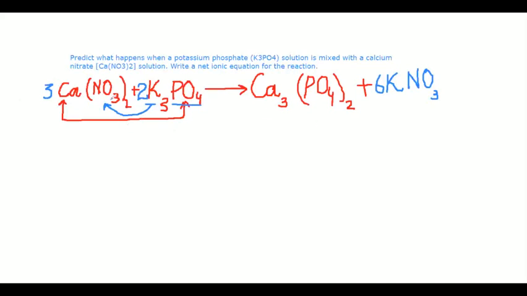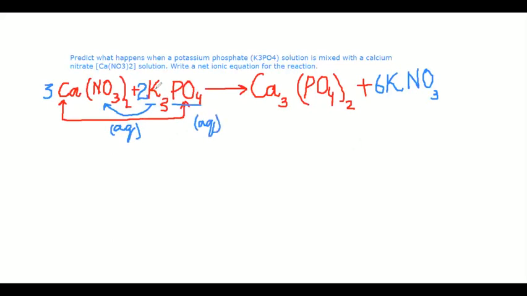Now you have to find which compound is soluble in water or which is insoluble. So calcium nitrate, it is soluble. It's AQ. Potassium phosphate is also soluble. Why?